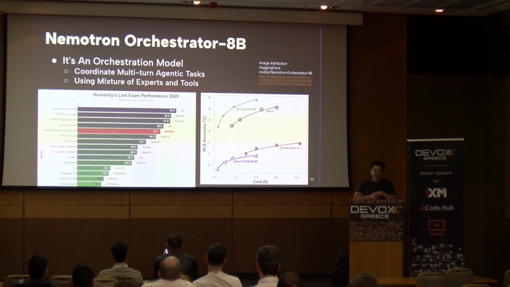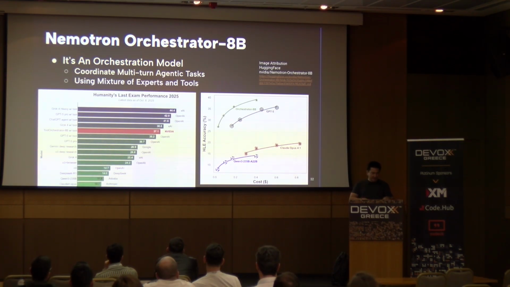If you're not familiar with Nemotron Orchestrator, it's available on Hugging Face. It's an orchestration model. This sounds weird, but it's a small language model that's purpose-built, so its job and its only job is to orchestrate. You can see how it compares to large language models on Humanity's Last Exam, which is basically a metric to see how well your model does in certain aspects.